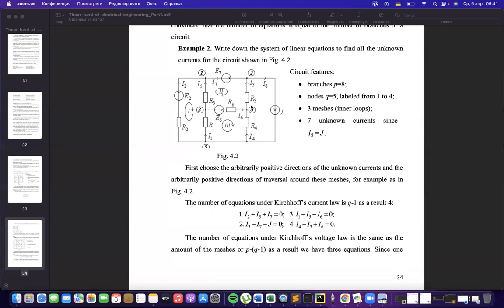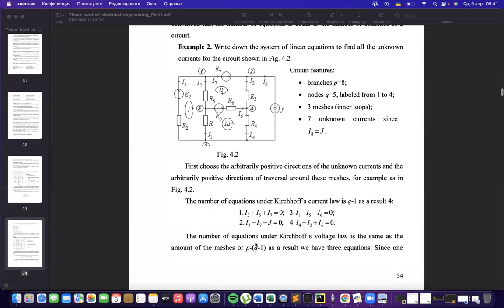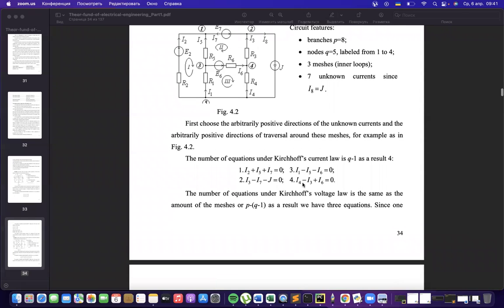Also, we are looking at the nodes. As we see, we have 5 different nodes. That is why we could write 5 minus 1, then 4 equations for currents, for Kirchhoff's current law. It is written here.